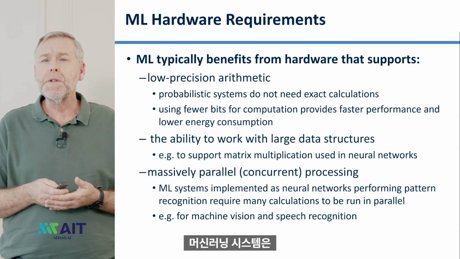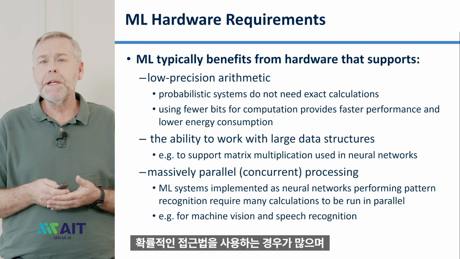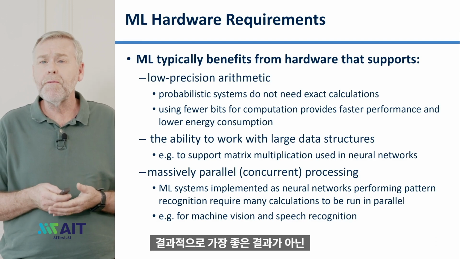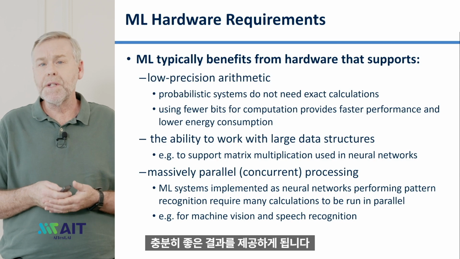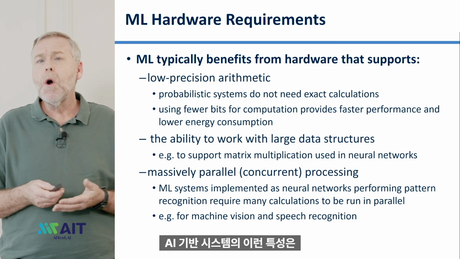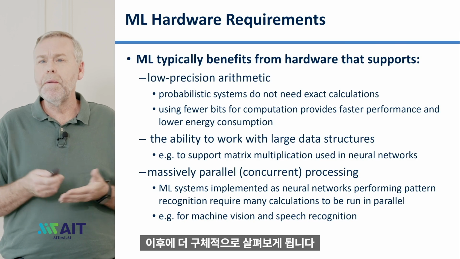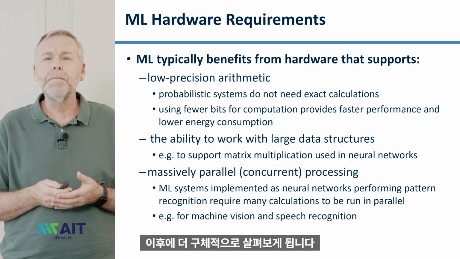Machine learning systems also often use a probabilistic approach, with the result being that they provide a good enough result rather than the absolute best result. We will cover this characteristic of AI-based systems in more depth later in the course.